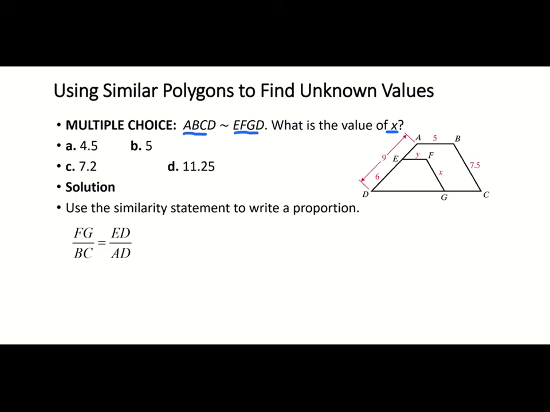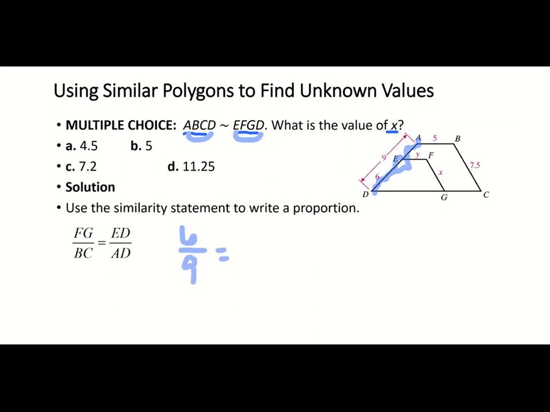So here, I know the measurement right now of ED and AD, because I know AD is right here, ED is right there. I know that ED is 6 and AD is 9.